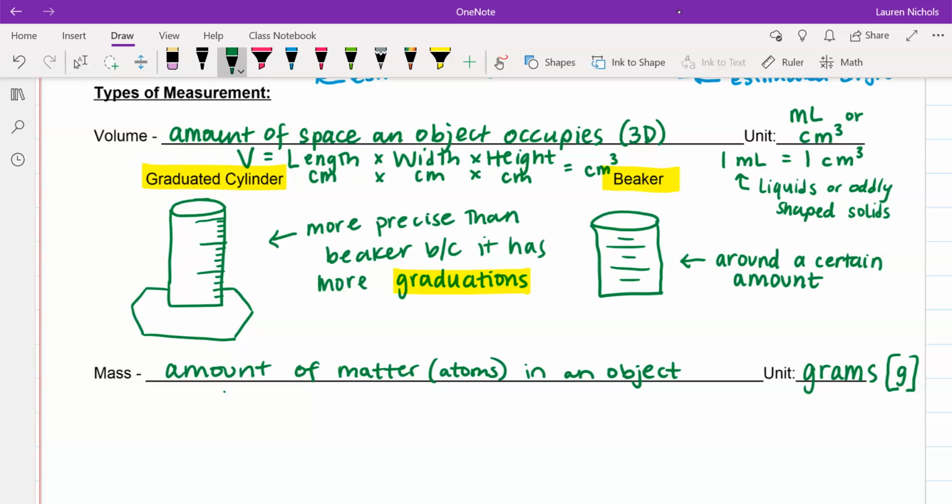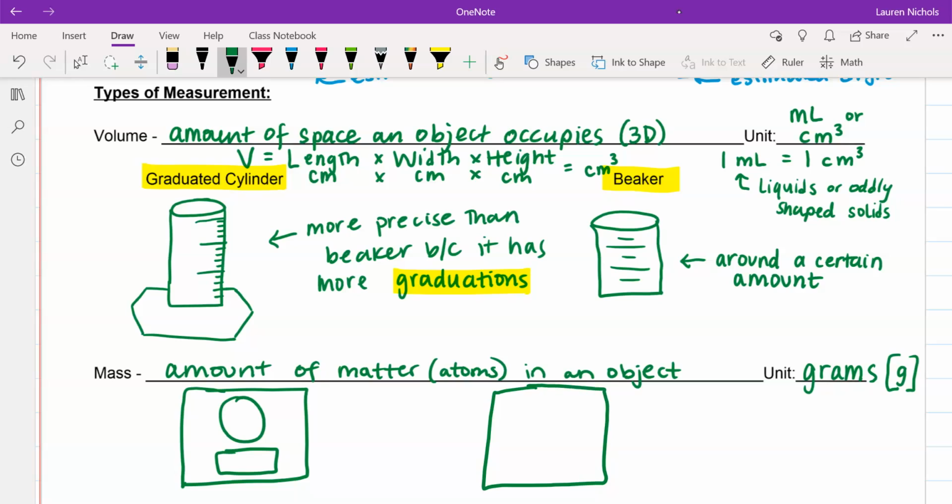Now with mass, we use scales, like I just said, and if I draw two scales, which clearly I am an artist because these are very detailed drawings. If this is a scale, and on the scale I put some baking soda or something, and it reads 15.7 grams.